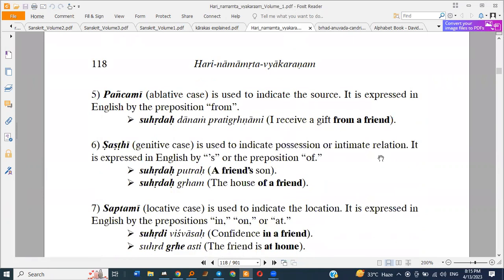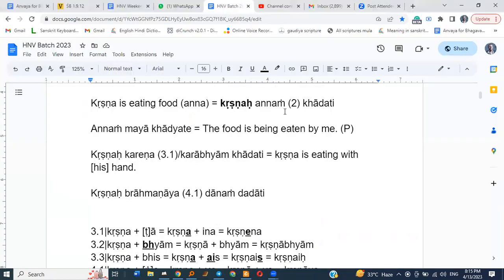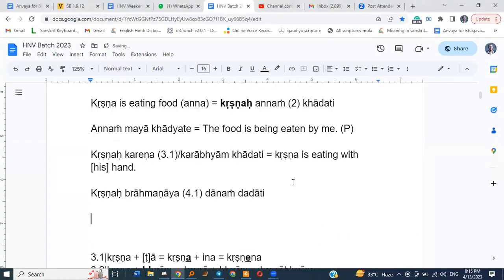Then comes the Panchami, the fifth case, ablative case, is used to indicate the source. It is expressed in English by the preposition from. For example, the leaf falls from the tree.